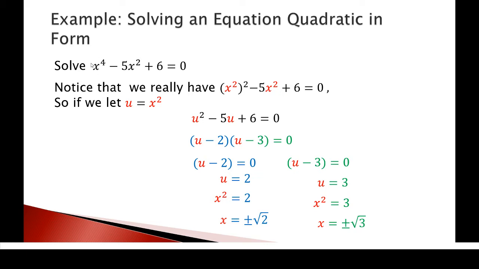So you substitute u for x squared and solve this quadratic equation, and then you get the solution for u. Then you resubstitute x squared for u and simplify it. So the solutions of this equation are plus or minus root 2 and plus or minus root 3.